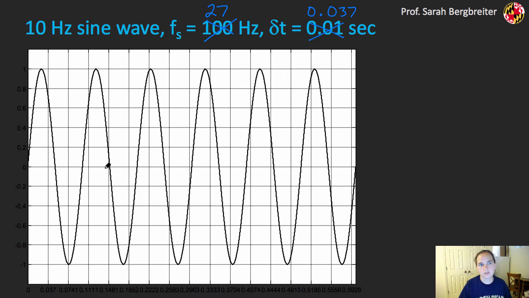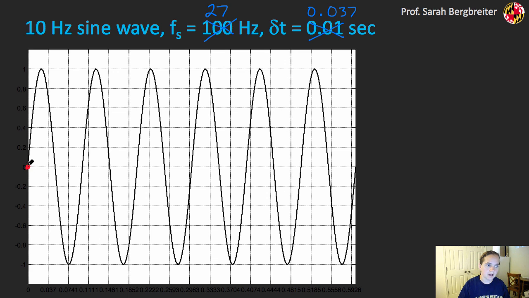Okay, now I'm going to slow down my sampling rate. Instead of sampling at 100 Hertz, I'm going to sample at 27 Hertz. As a consequence, my sampling interval has gone up too, from 0.01 seconds to about 37 milliseconds, and now these vertical lines represent that 37 millisecond sampling interval.